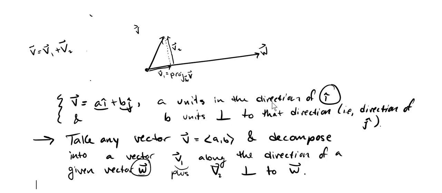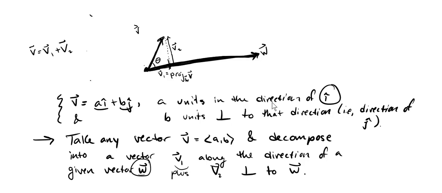So we want to figure out that formula for the projection of v onto w. We usually call the angle between two vectors v and w, let's call the angle between those theta, as usual.